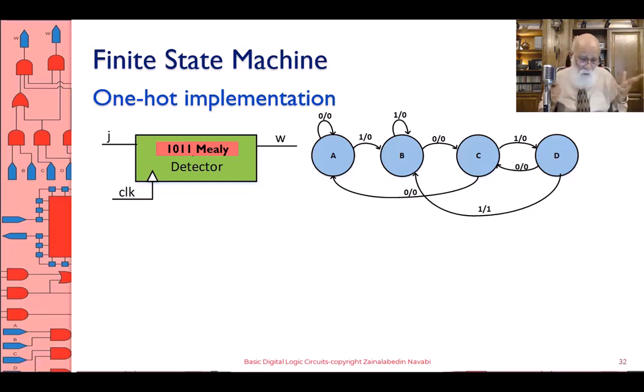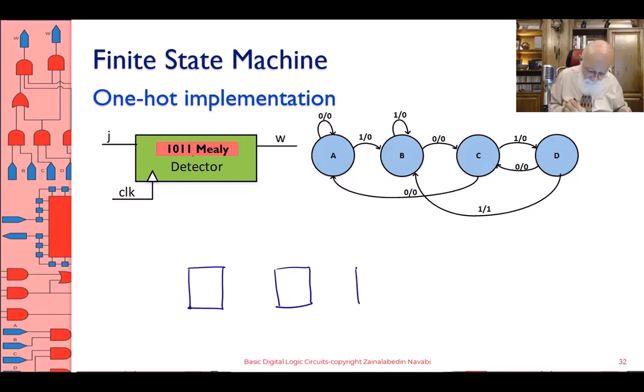I'm going to say, why don't I give state A 1 flip-flop and 1 to B, 1 to C, 1 to D. The flip-flops I have are asynchronous reset and rising edge clock.